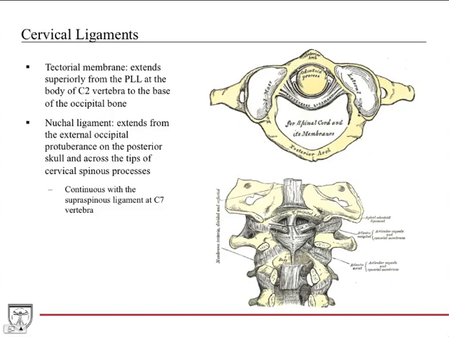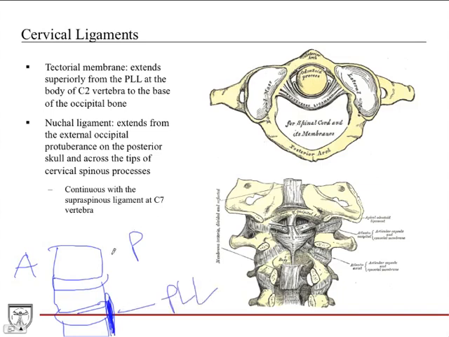Then you have the tectorial membrane, which extends superiorly from the PLL. So if we go to a sagittal view here, you have the PLL that extends up here like this, on the posterior aspect. We'll have this be anterior, posterior. This is the PLL. The PLL is going to stop here at C2. Then you've got C1, then you've got the skull here.